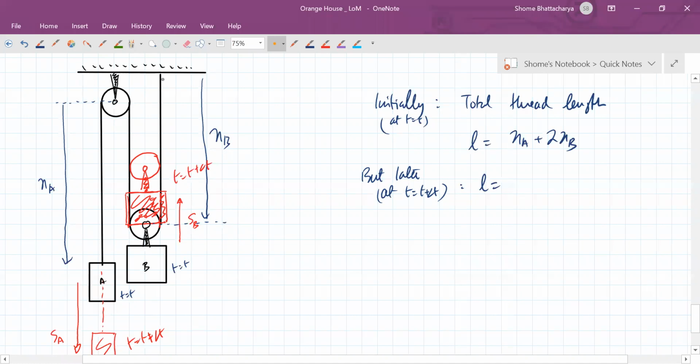So you can see this side the thread length has decreased. थ्रेड लेंथ अब ऐसा हो गया है, यहाँ से यहाँ, यहाँ से यहाँ, और ये टोटल थ्रेड लेंथ ऐसा हो गया है. So this side it has decreased, but that side it has increased. It has become XA plus SA. Now this thread length is the same. Okay, so compare the two equations.